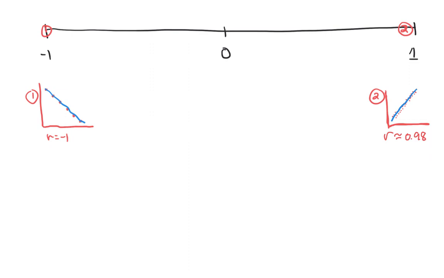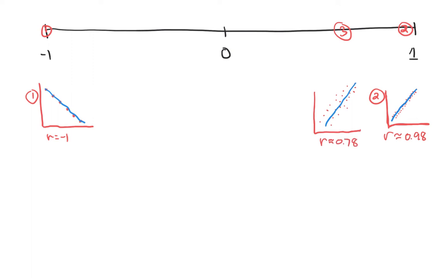Let's do a few more. Let's do number 3 here. So this will be R about 0.7, I guess. It's a positive relationship, and it's still fairly strong, but not as strong as if it was 0.98. So that would look something like that. R is around, let's say 0.78, just to give it a number.